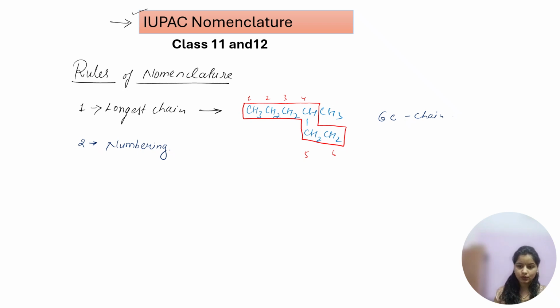If I number in this direction, 1, 2, 3 and 4, 5 and 6. Now check the substituent: this methyl group is attached at the 4th carbon if you are counting from the left side, and at the 3rd carbon if you are counting from the right side.